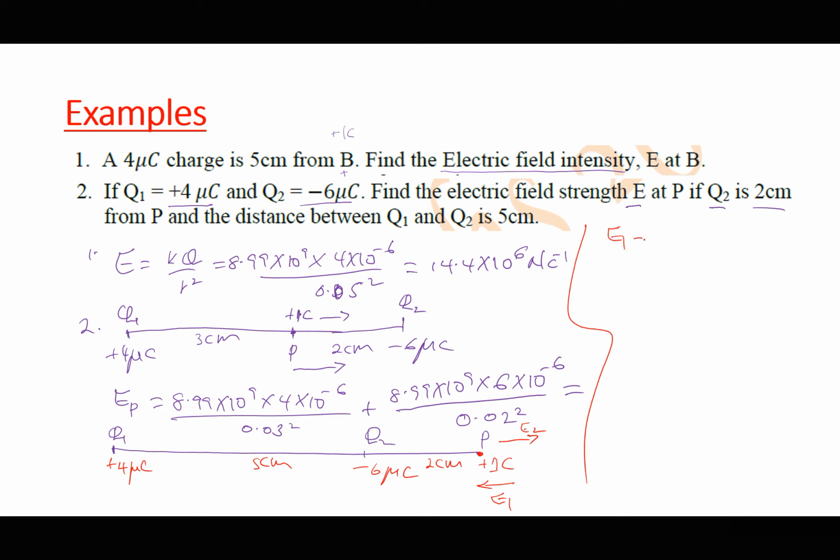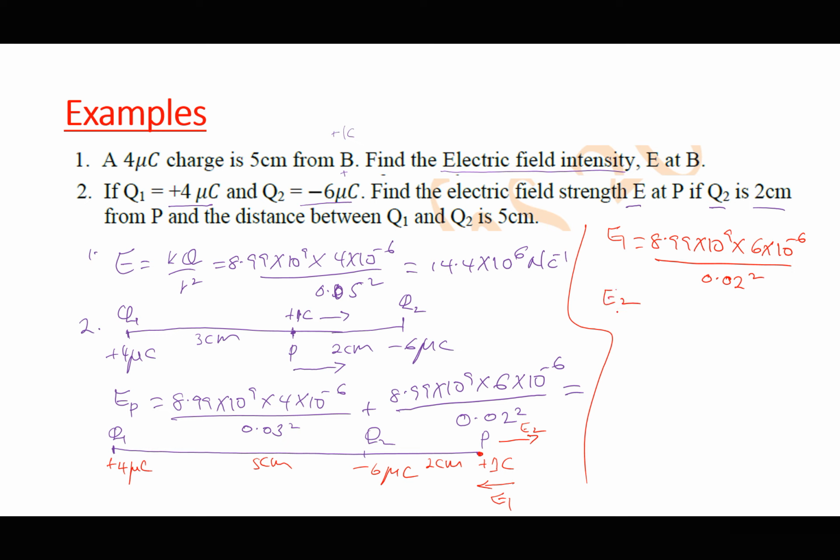So for E1, E1 is due to 6 microcoulombs, so that will be 8.99 times 10 power 9, then times 6 times 10 power negative 6, divided by the square of the separation, which is 0.02 squared. That is to the left.